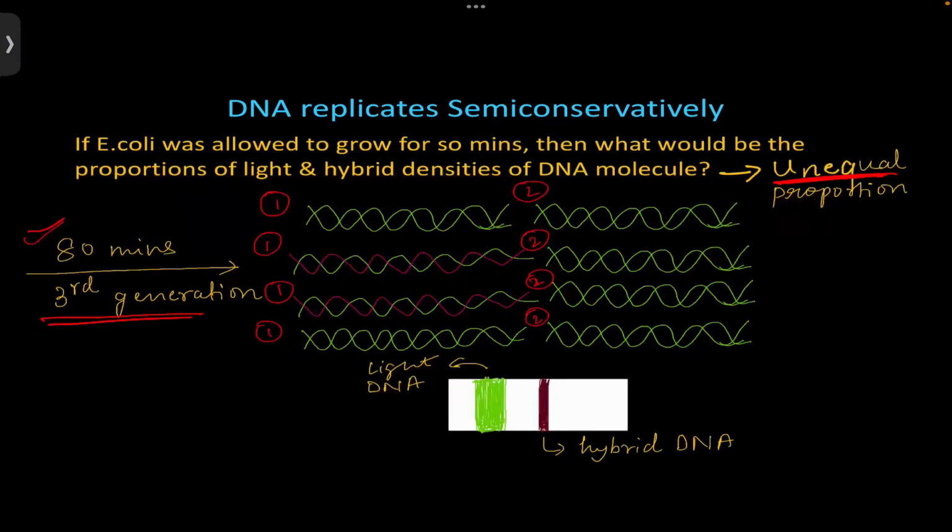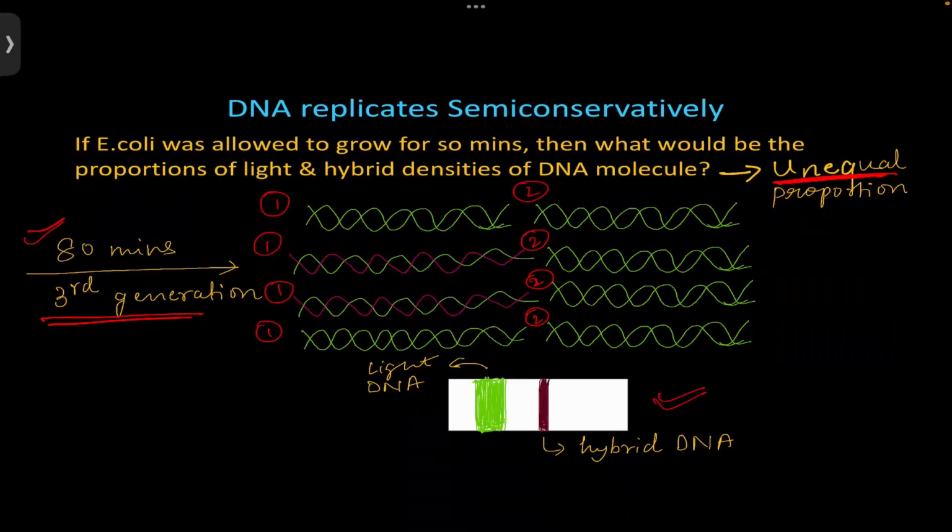So the proportion of light DNA molecules containing only N14 isotope is higher than the hybrid DNA molecules, which contain both N14 and N15 isotope. One can expect something like this in a cesium chloride density gradient after centrifugation. So this experiment conclusively proves that DNA replicates in a semi-conservative manner.